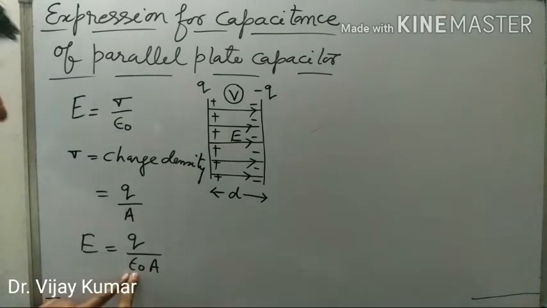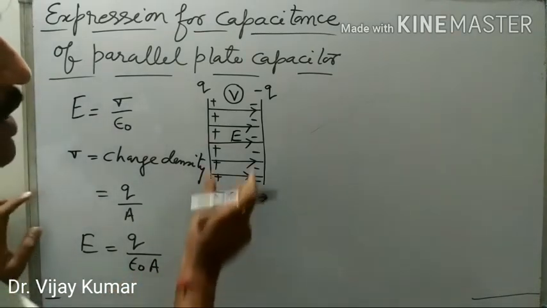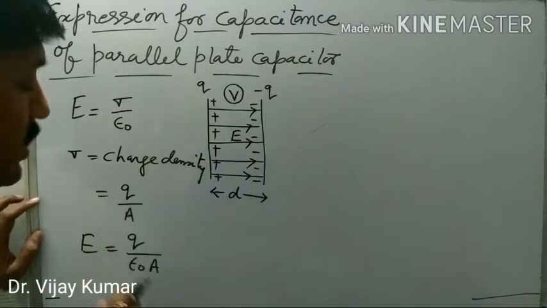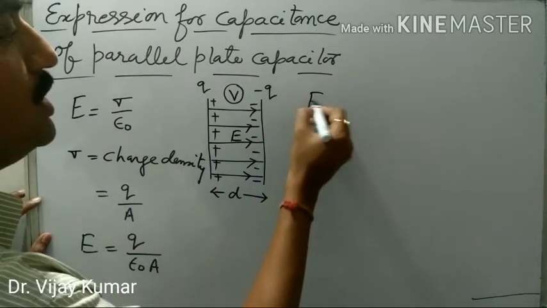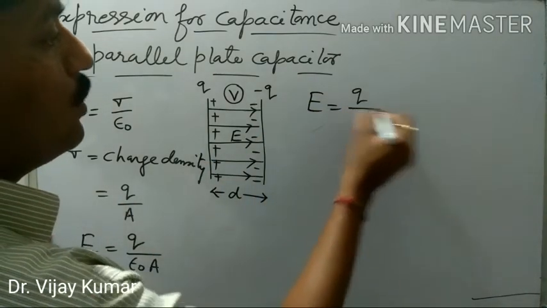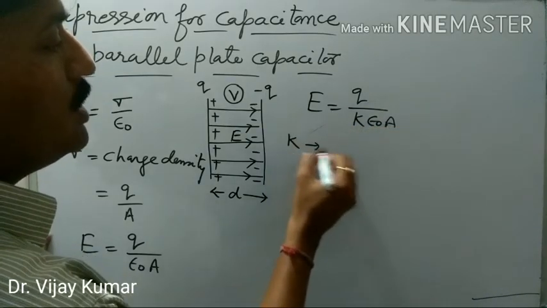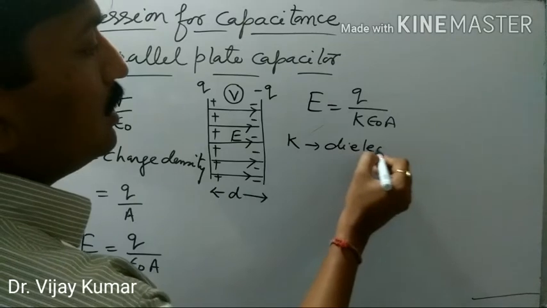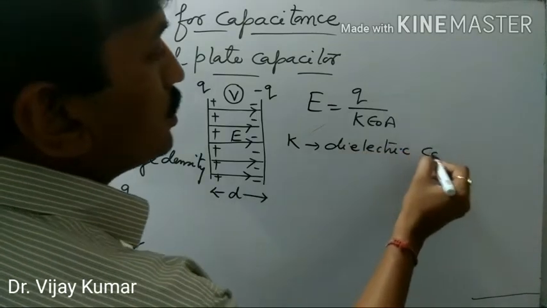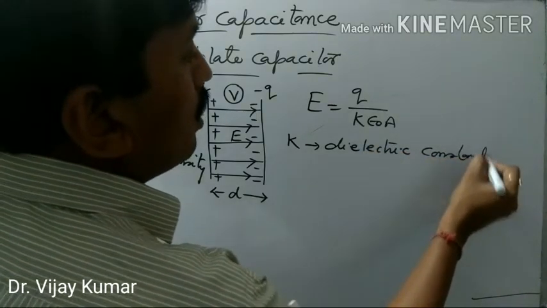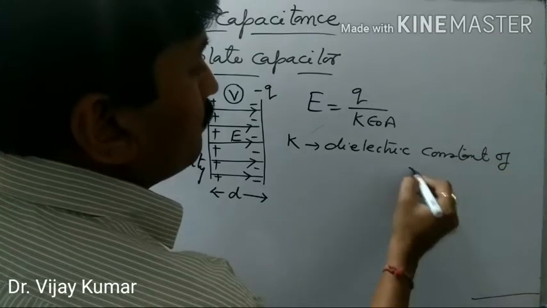Epsilon naught represents the permittivity of free space. If there is a dielectric medium between these two plates, then this electric field becomes E equal to Q upon K epsilon naught A, where K is the dielectric constant of the medium.